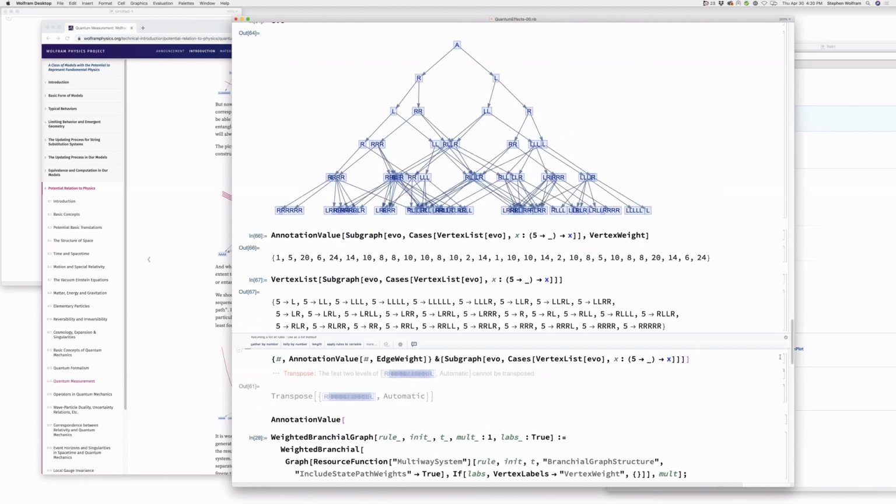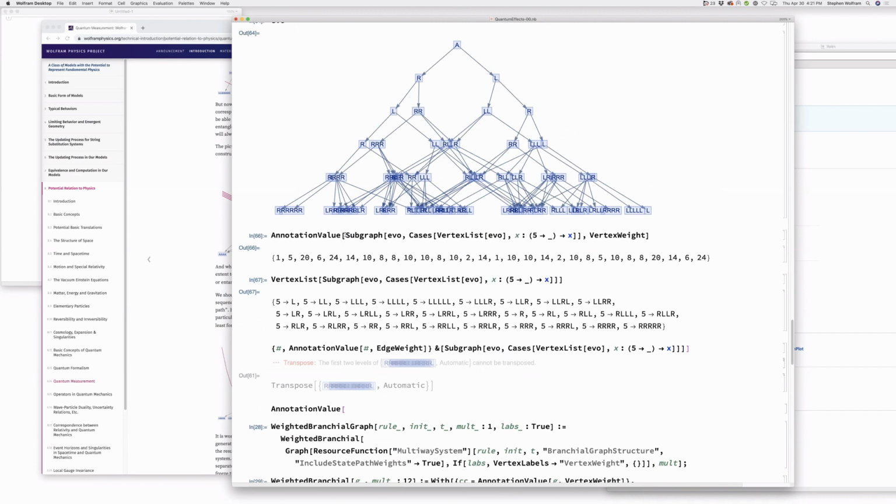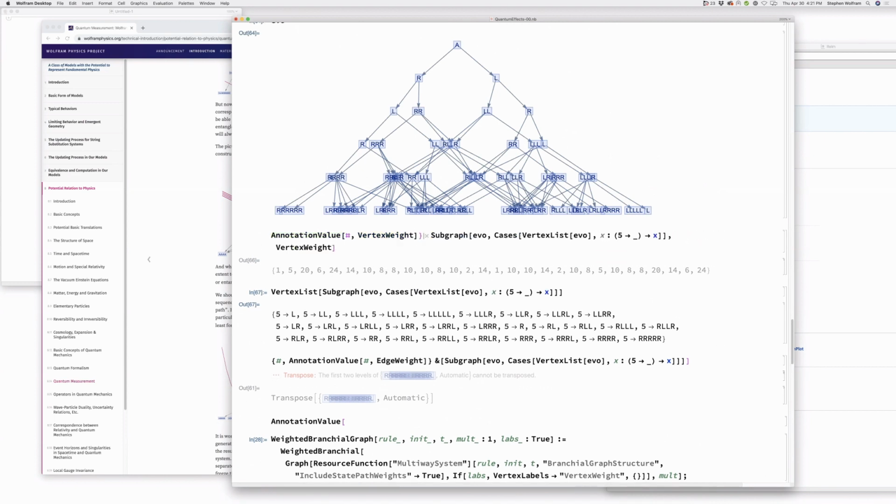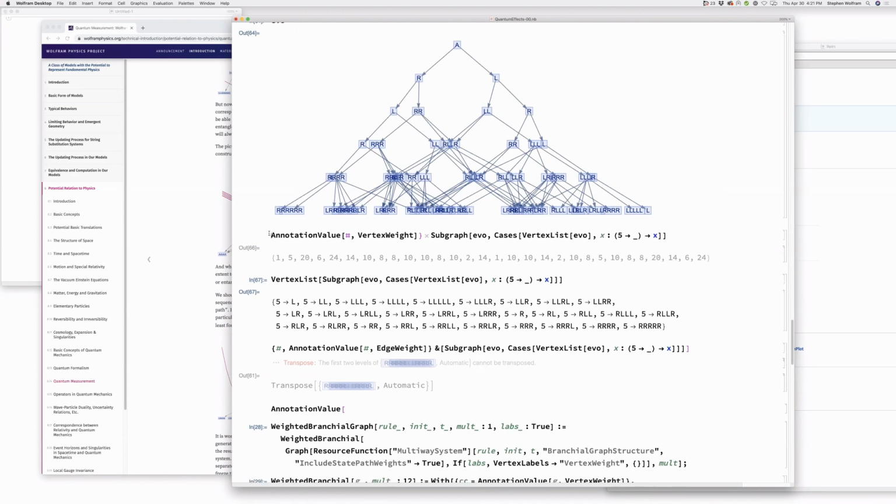Do you agree? Yep. So I think we can just say here, it's the annotation value of hash, comma, vertex weight. And then it is the vertex list of hash.